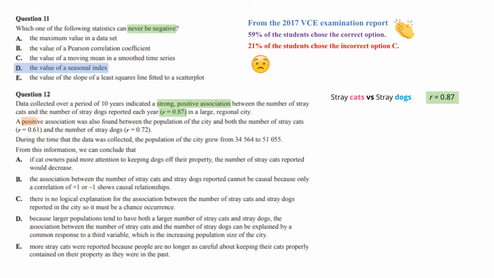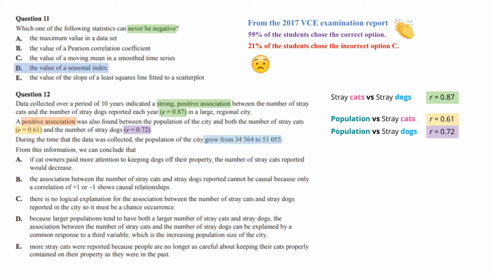A positive association was also found between the population of the city and both the number of stray cats, with a correlation coefficient of 0.61, and the number of stray dogs, with a correlation coefficient R equals 0.72. During the time that the data was collected, the population of the city grew from 34,564 to 51,055 people.